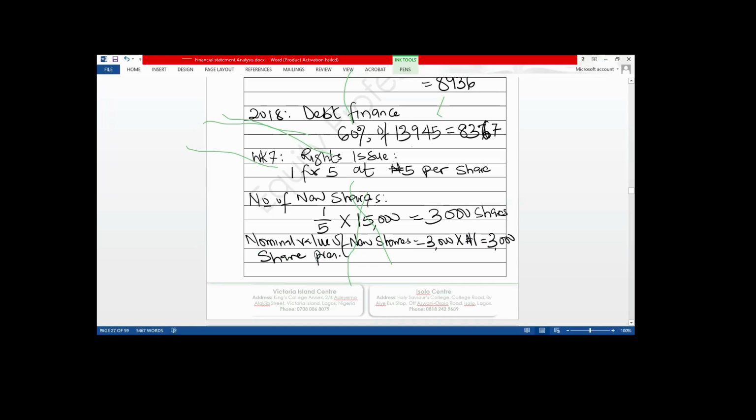Share premium: out of 5 naira, 1 naira is the nominal value. That means 4 naira is the premium. The premium is equal to 3,000 multiplied by 4 naira. That is 12,000. This 3,000 naira will be added to the share capital account, while this 12,000 naira will be taken to the share premium account.